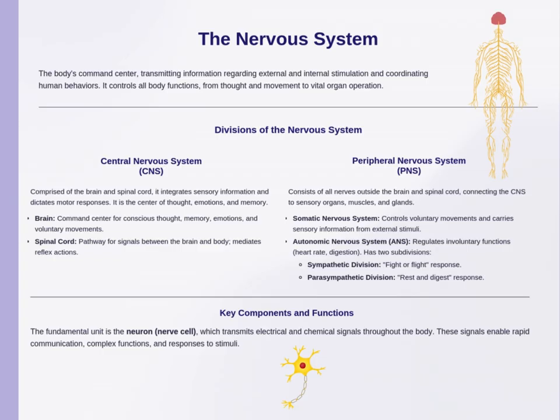Whereas once that's over, your body can go into rest and digest, where it starts to recover from that. Your heart rate lowers, your respiratory rate lowers, your digestion starts again. The fundamental unit of the nervous system is the neuron or the nerve cell, which transmits electrical and chemical signals throughout the body. That's how we have communication in response to stimuli.